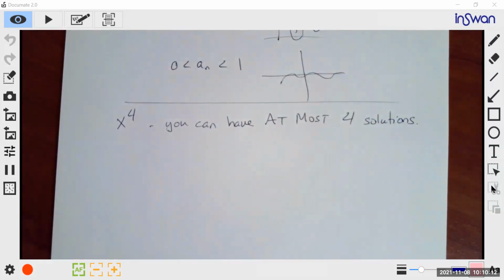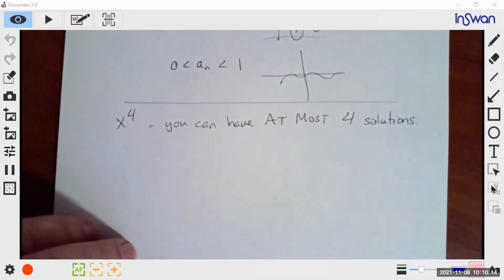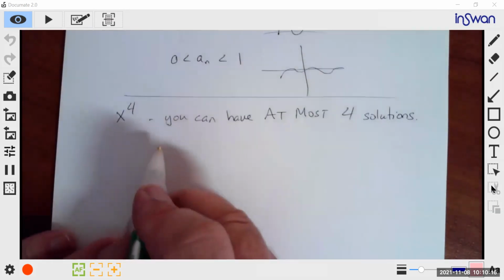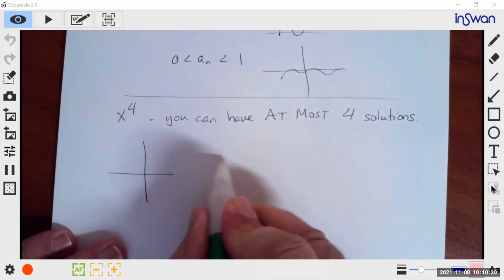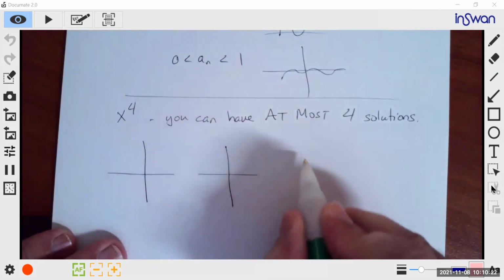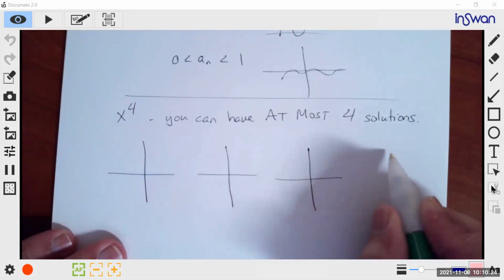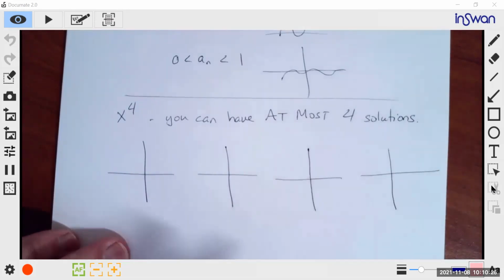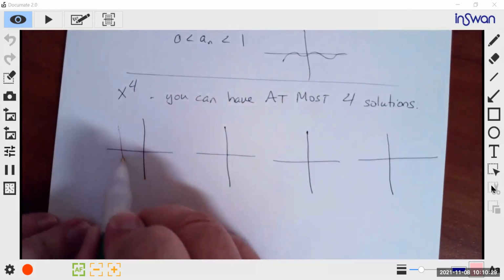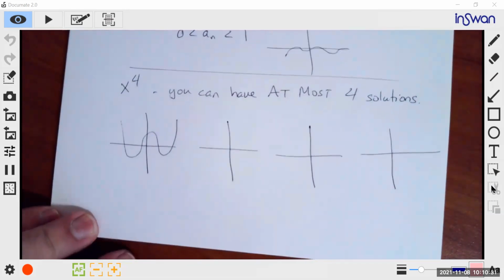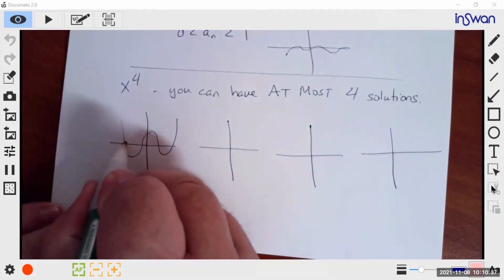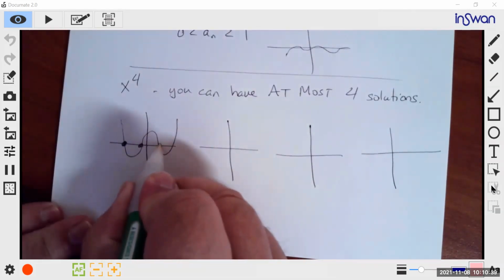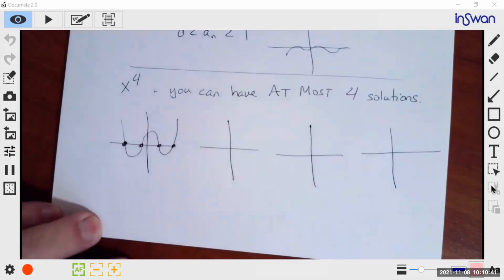Why is it at most 4 solutions? The first one, the graph can look like this. There's 1 solution, 2 solutions, 3, 4 solutions.